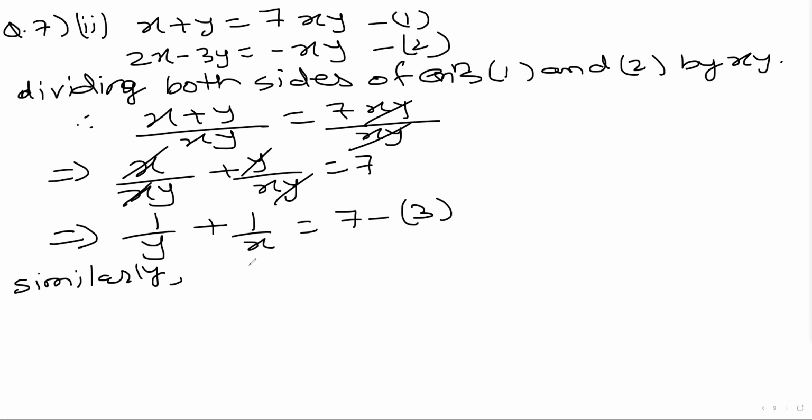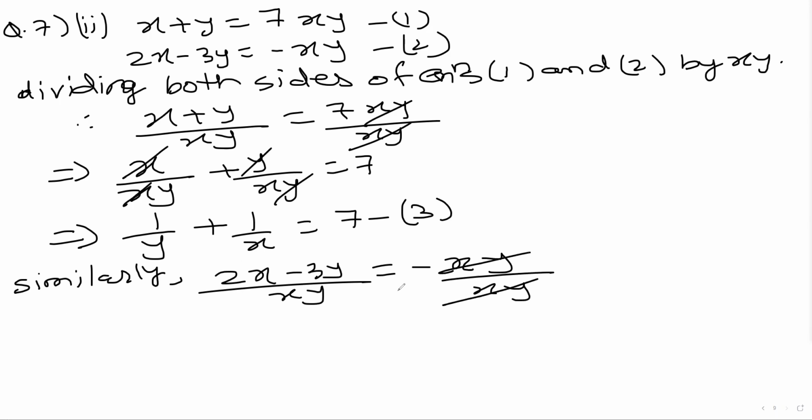Similarly, equation 2, you have to do the same thing. So 2x minus 3y upon xy is equal to minus xy upon xy. Again, xy cancelled on the right hand side, and you will separate. You see, what students do is they cancel like this. This is very bad. This is not mathematics. You cannot cancel like this.